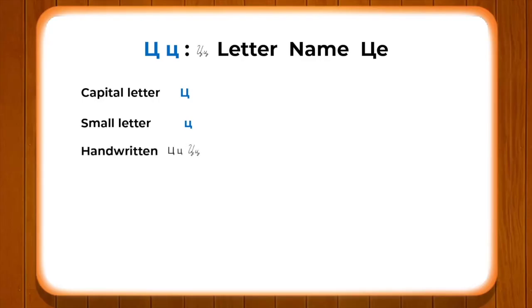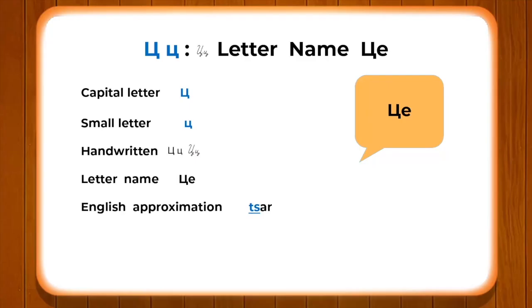Alright, so we will go ahead to the next letter. This letter is again very important and has a very peculiar sound which is found in Russian. The letter's name is Ц. It's not T, it's not S, it's Ц.